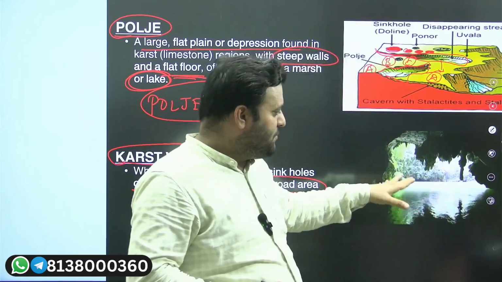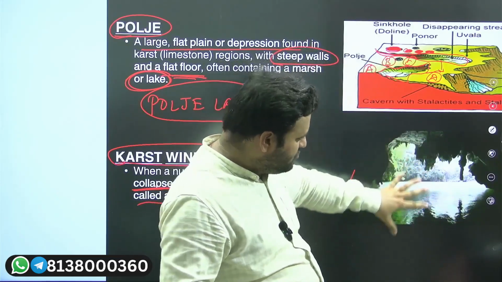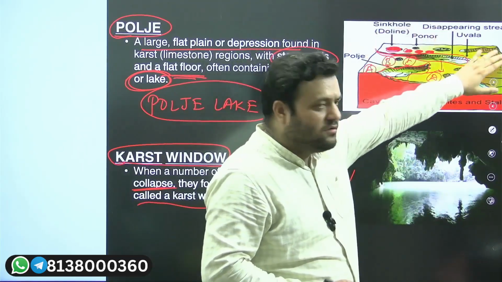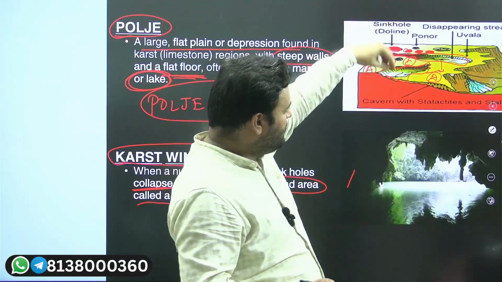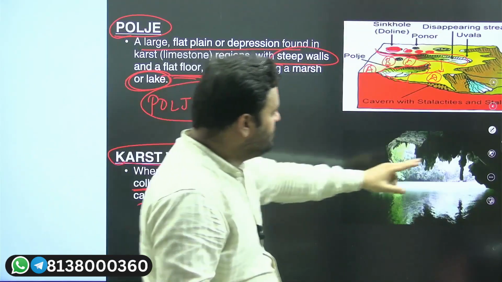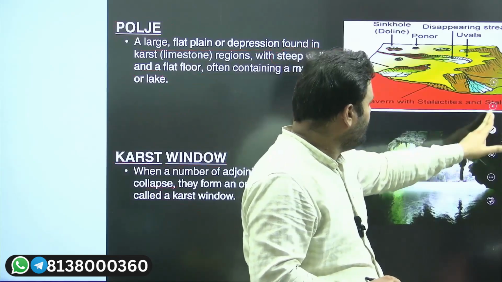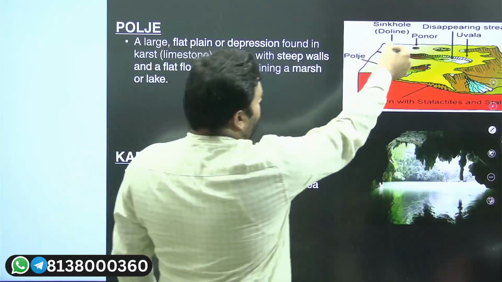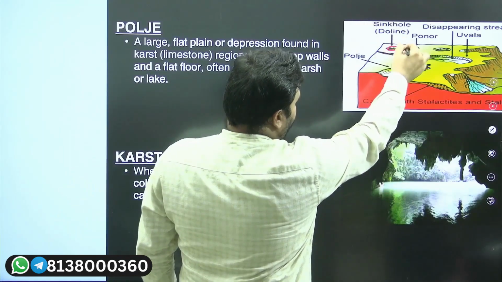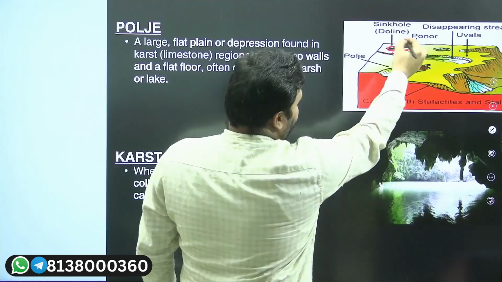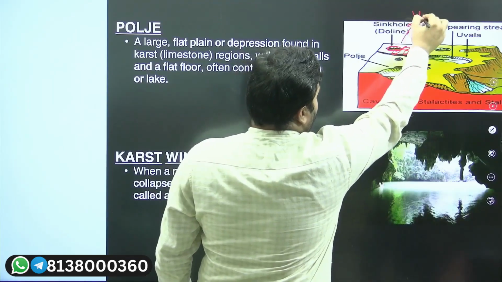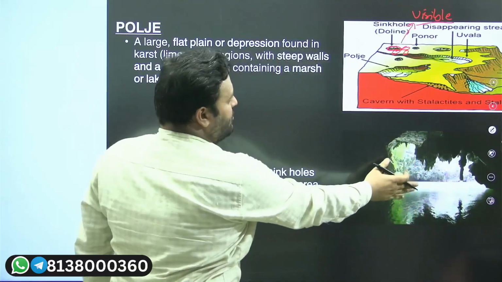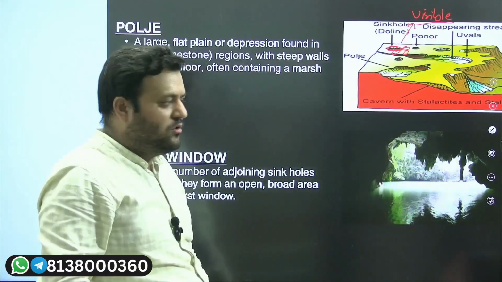Similarly you can peep out from this limestone block to the outside. As a result of continuous formation of sinkholes and dolines, they collapse all together, and this end was visible towards the other surface, and that's how we have the formation of a karst window on this side.